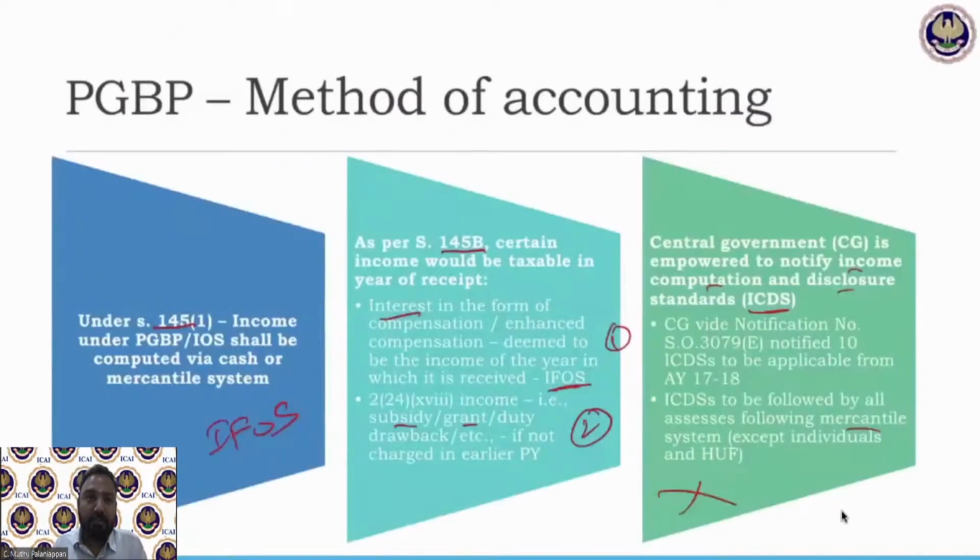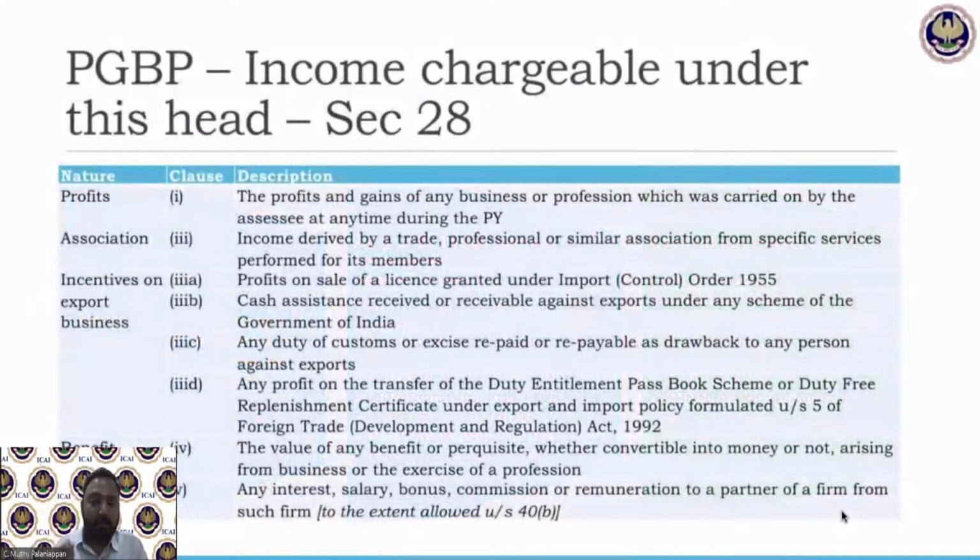Section 28 has listed various items which say these are the transactions that will be taxable under business or profession. If a particular receipt or income is listed in this section, only then will it be categorized as income chargeable to PGBP. We'll see them one by one.